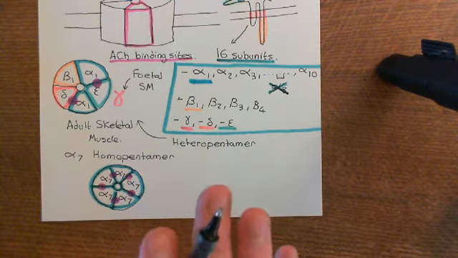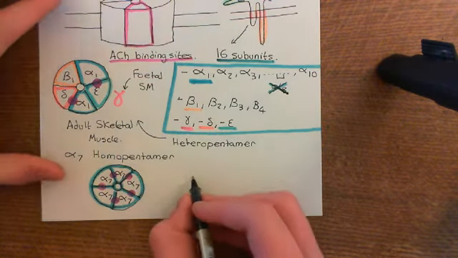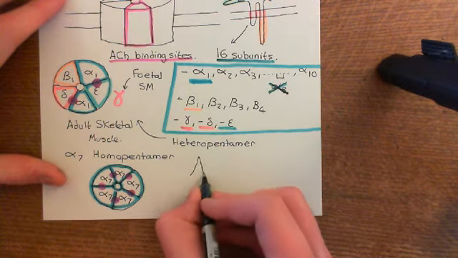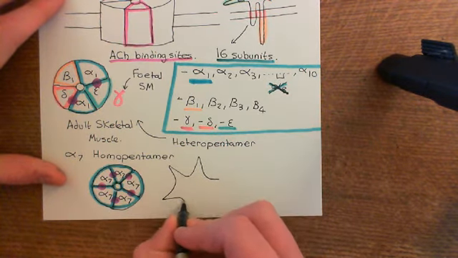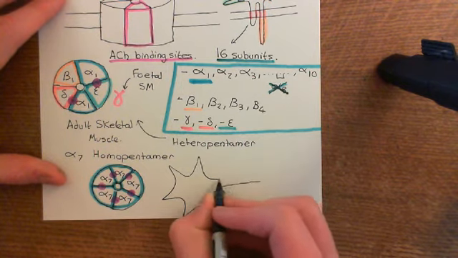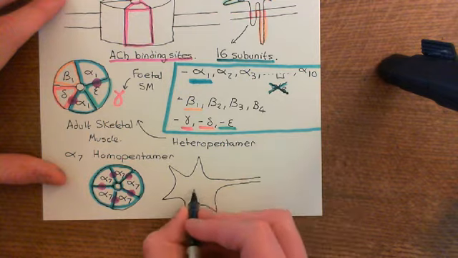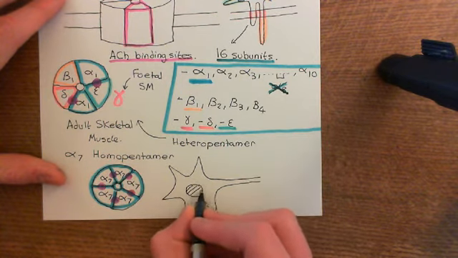Actually, before I talk about nicotine, let me talk about the fact that this will be on those dopaminergic neurons. So if we have our dopaminergic neuron here, in the ventral tegmental area, many of the dendritic spines will contain alpha-7 homopentameric nicotinic acetylcholine receptors on their membranes.